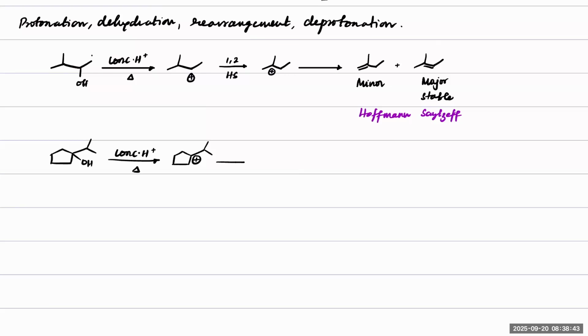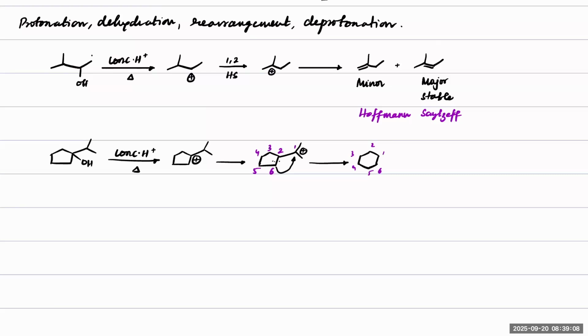From there, now a hydride shift will take place and positive charge will go here. And once the positive charge moves here, now the ring expansion will take place. So the 5-membered ring will become a 6-membered ring. To give you the precise numbering, this is the numbering which you will get. So 1, 2, 3, 4, 5, 6.